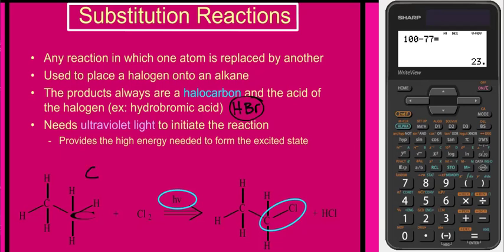You've got C bonded with four hydrogens, up, down, right, left, and then plus chlorine. Every time you write group 7, chlorine, fluorine, bromine, they must have a subscript 2.